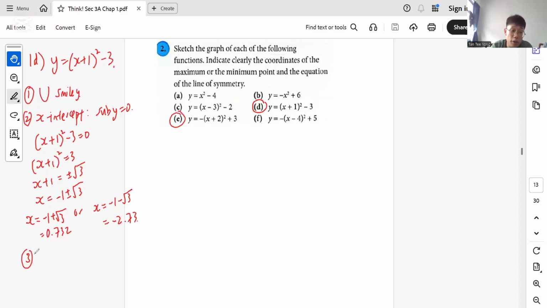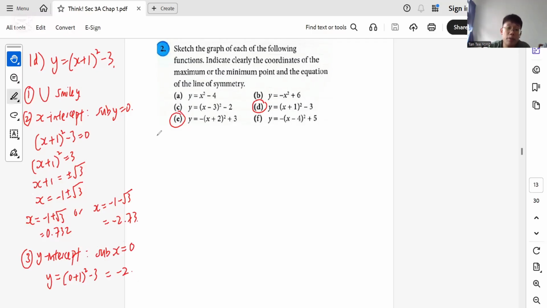Point number 3, y-intercept. The y-intercept is just sub x equals 0. So y equals 0 plus 1 squared minus 3. So it's 1 minus 3, so -2.